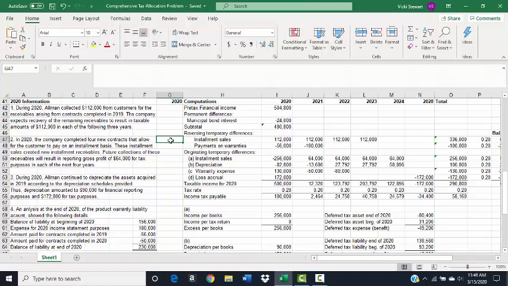So we're beginning to see those amounts begin to be collected, with $112,000 collected this year, and then we have another $336,000 to be collected in future years.